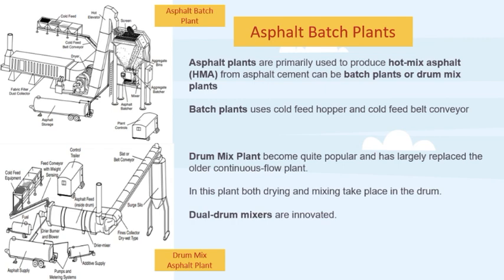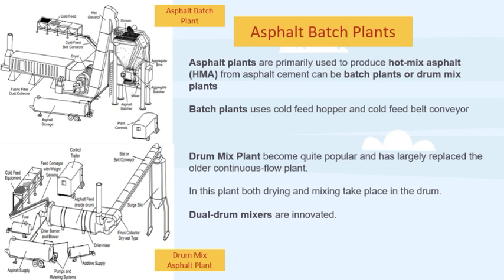Next, in this part, asphalt is injected into the pug mill. The mixture is then mixed for the required time. The batch of hot mix asphalt is then deposited into a hold unit, which means storage or the trucks.